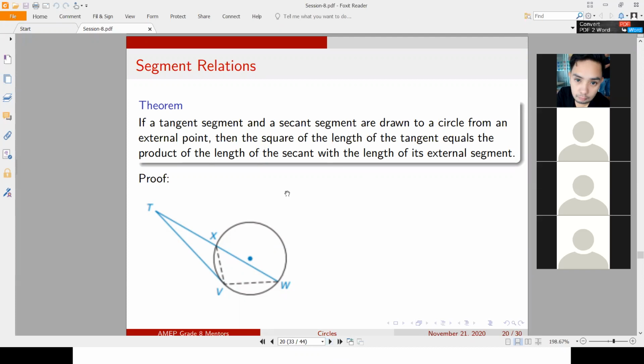So, example, we have, this is x. Nawawala yung tangent. This is 4. And this is 5. Example lang natin. So, punta tayo sa labas times buo. So, we have the TW. Ano yung labas natin?